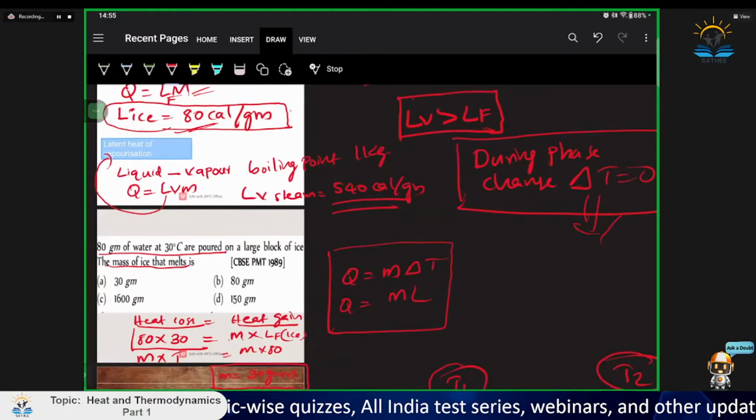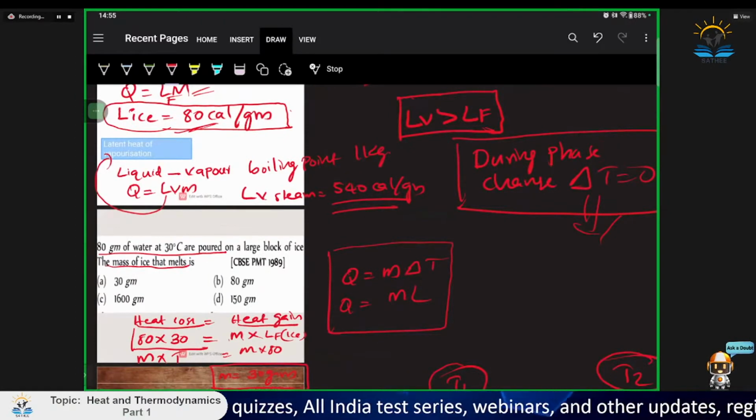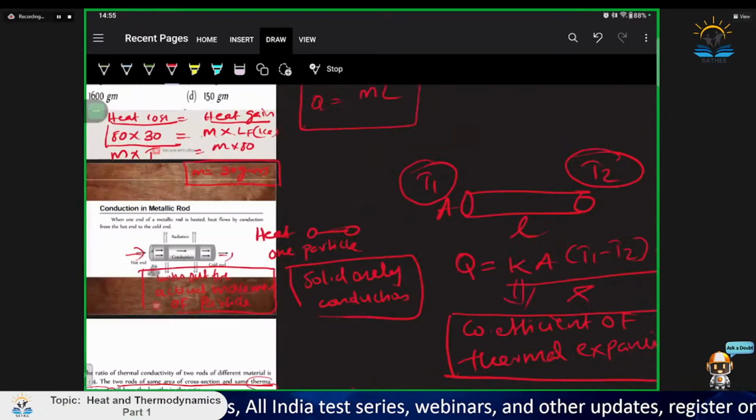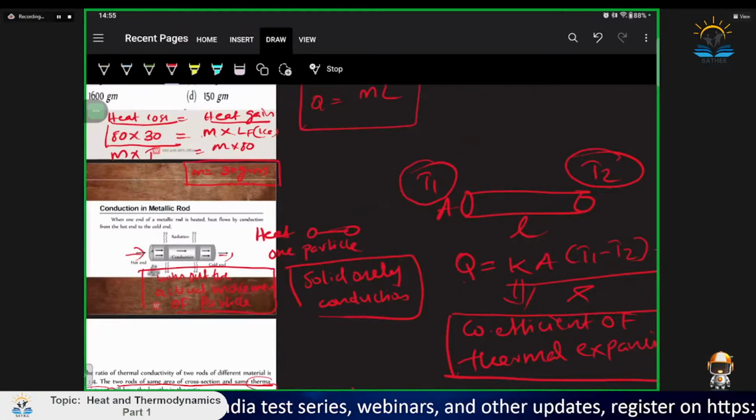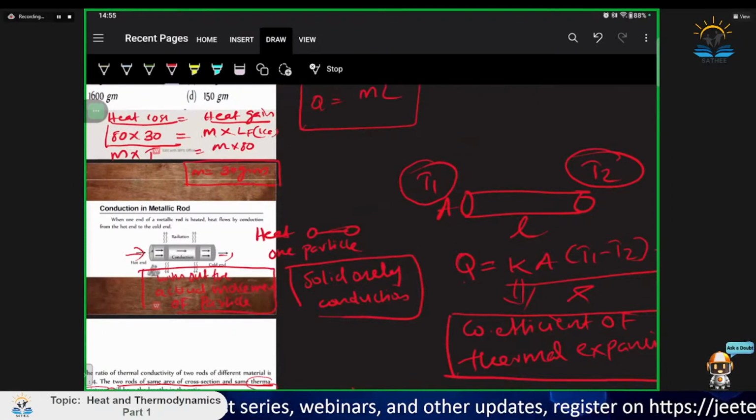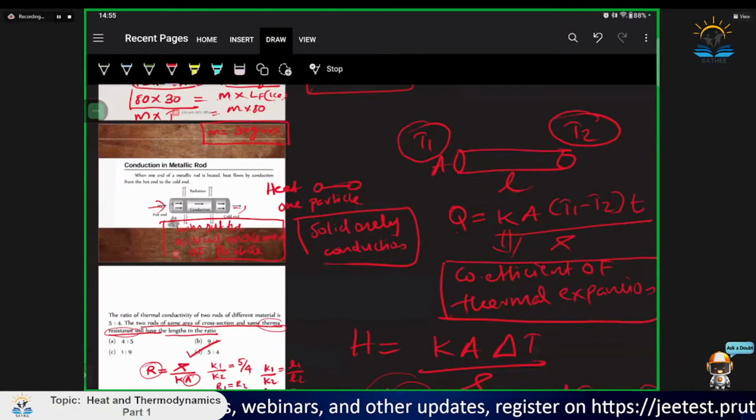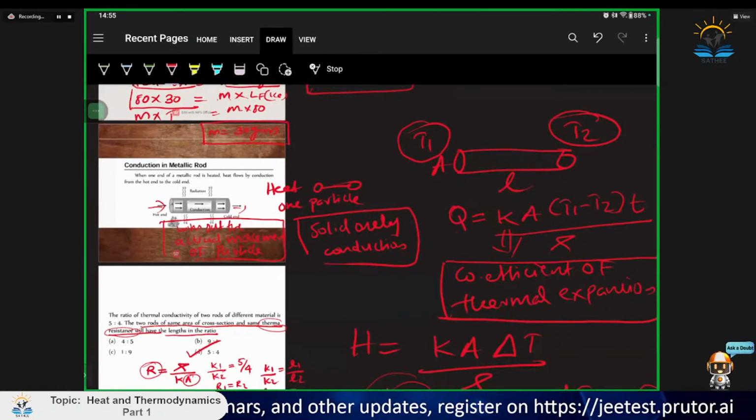And during conduction, heat will transfer from one part of the body to another part of the body without the movement of the particles. It will be seen in solid, liquid, and gas, but in solid it is the only way of heat transfer.